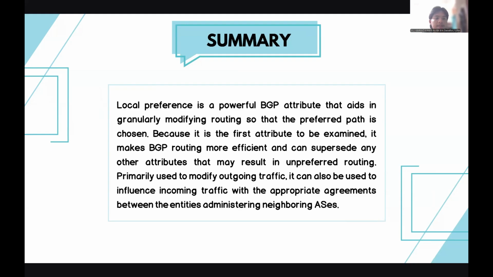Because it is the first attribute to be examined, it makes BGP routing more efficient and can supersede any other attribute that may result in unpreferred routing. It is primarily used to modify outgoing traffic. It can also be used to influence incoming traffic with the appropriate agreements between the entities administering neighboring access. I think that's all for local preference. Thank you.